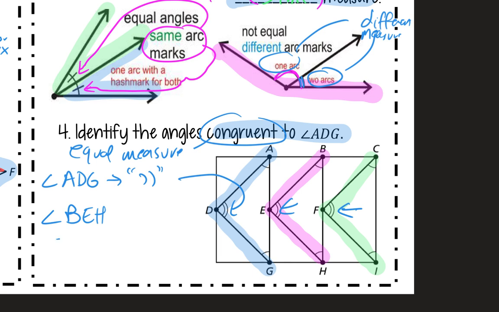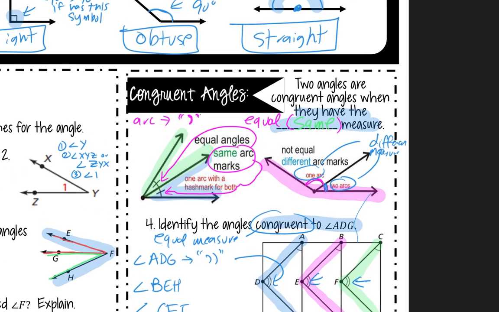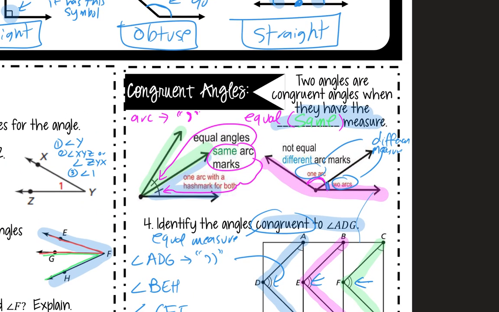So that one we would call angle CFI. Congruent means that they have the same measure. For them to have the same measure, they have to have the same number of arcs. So this one has 2 arcs on that angle, that has 2, that has 2, so those are equal. This one has 1, and this one has 1, so those are both equal, and they're equal to each other.